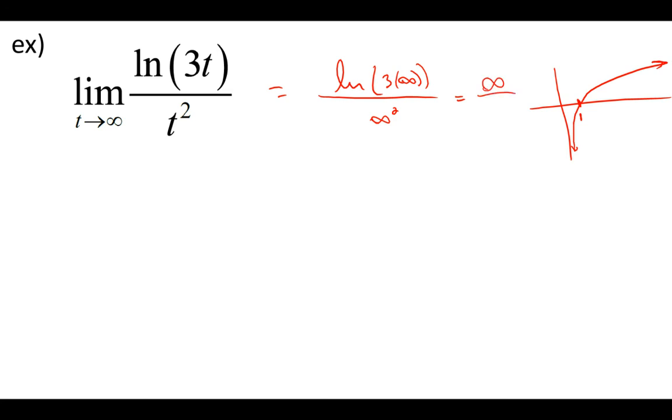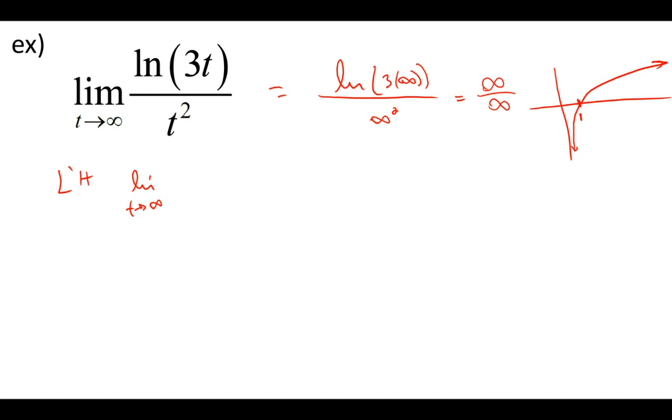And infinity over infinity squared, well, that's the same thing as infinity over infinity because infinity squared is the same thing as infinity. They're both just concepts. They're not real numbers. So that is an indeterminate form, infinity over infinity. So we need to take L'Hopital's rule. So then we're going to have the limit as t goes to infinity of the natural log of 3t.